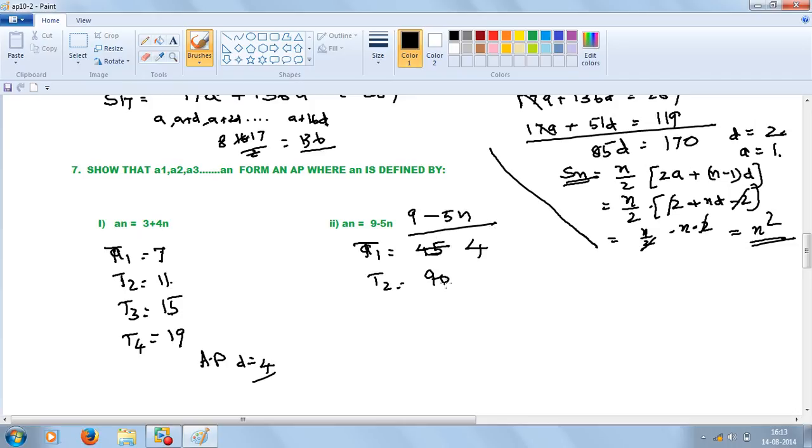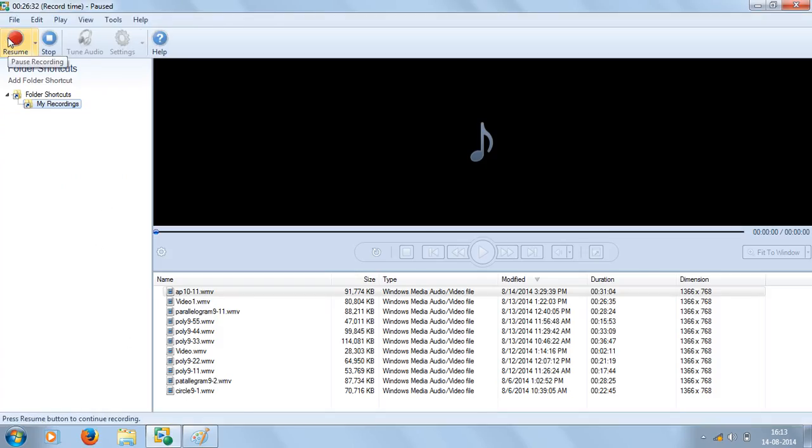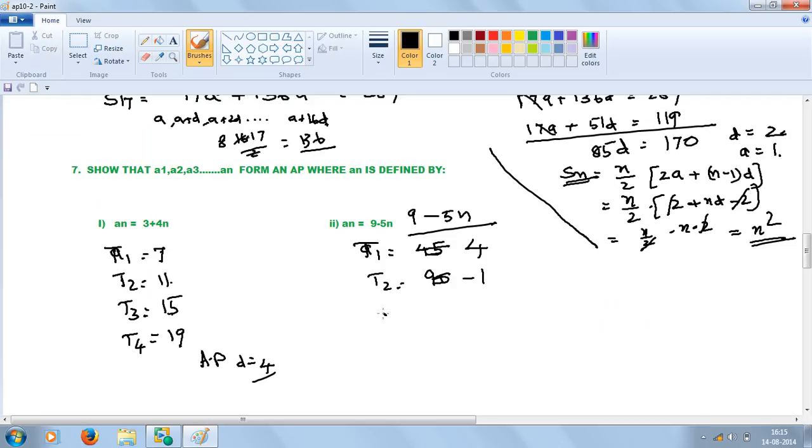If n is equal to 2, 5 twos are 10, 9 minus 10 is minus 1. So t3 is minus 6, t4 is minus 11. The common difference is minus 5. So this is an AP.